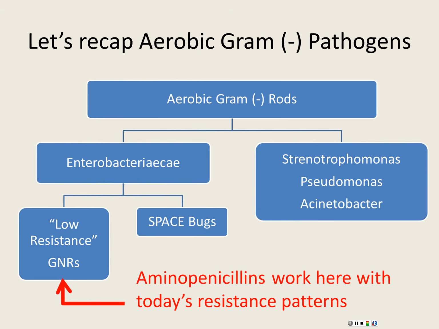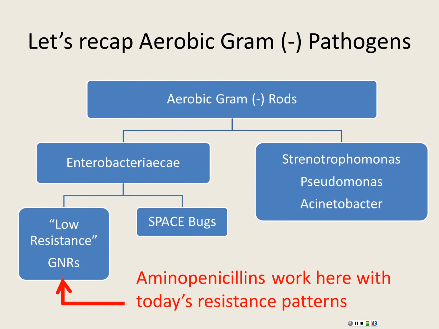And so I wanted to talk about the aminopenicillins, which were ampicillin and amoxicillin. In today's world of resistance, you're really going to be able to use them on this category on the bottom left of your screen, where the SPACE bugs, those gram-negative rods that have resistance, just cleave right through ampicillin and amoxicillin.